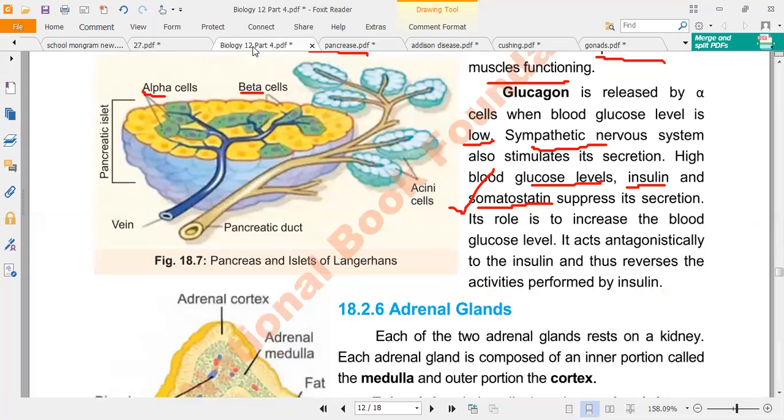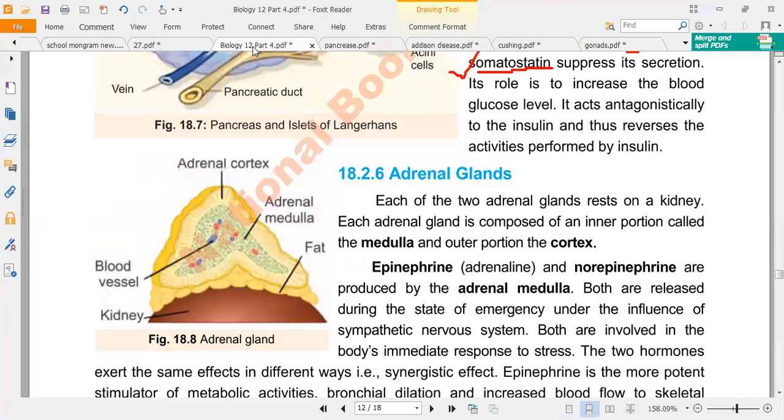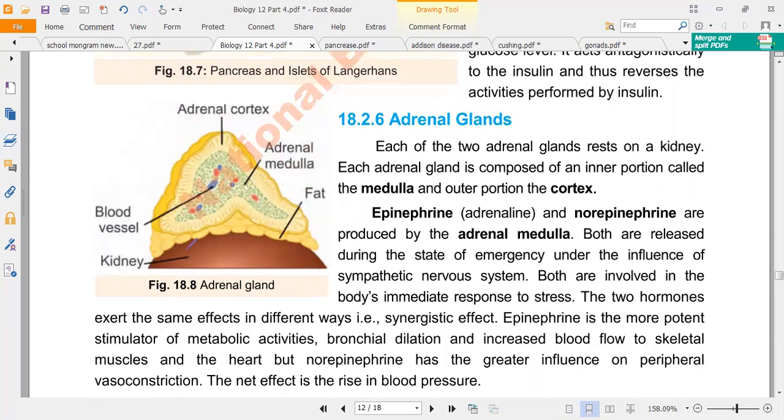Okay, next we'll see the adrenal gland, one more very, very important gland. Just imagine this is a kidney and it has this dome-shaped structure over it. This is actually the adrenal gland. The adrenal gland has two parts. The outer one is the adrenal cortex and the inner one is the adrenal medulla.